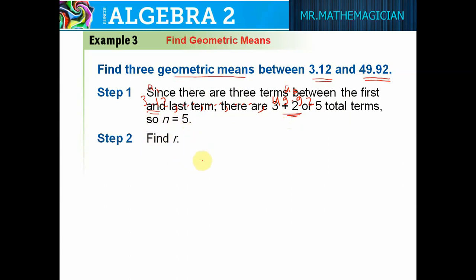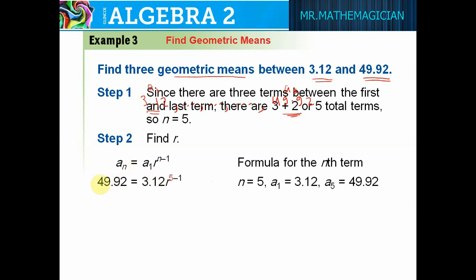Let's find the r. an equals a1 r to the power of n minus 1. This is the formula. So we put here 49.92, and we know that this is the fifth term, so we substitute n as 5. 3.12 is the first one, a1, r to the 5 minus 1, so we can know the value of r now.